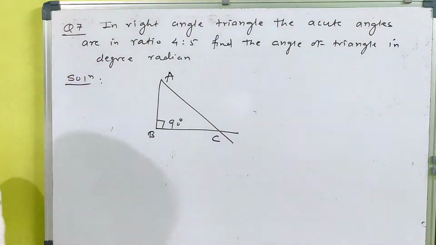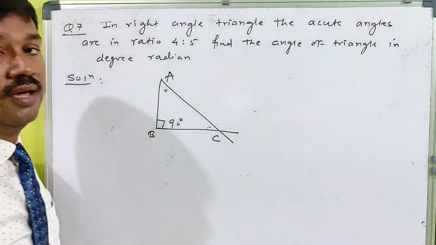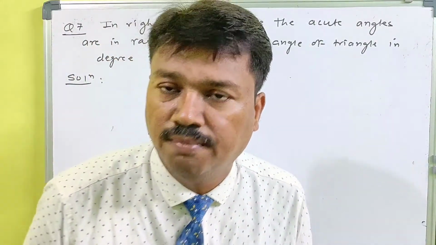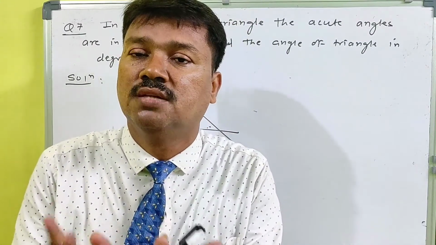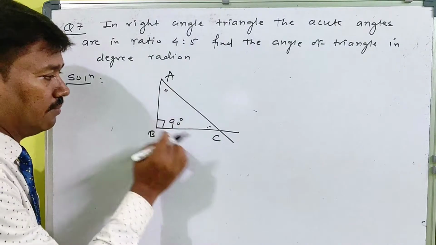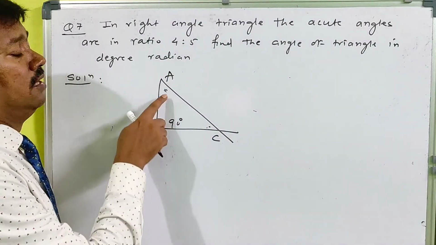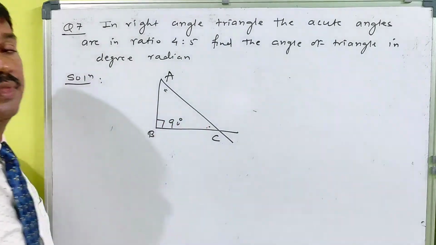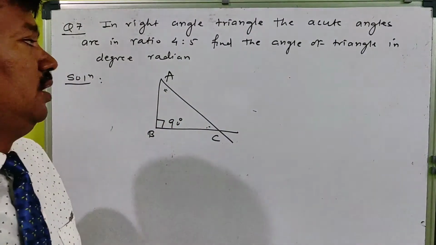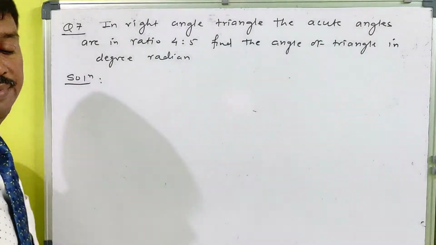So angle B is 90 degrees, then the sum of A and C is always 90 degrees. Remember that. That's a property we have to use, because the sum of all three is 180. 90 is gone from 180, so the sum of these two will be 90. So we have to use this property because it is clearly mentioned there.